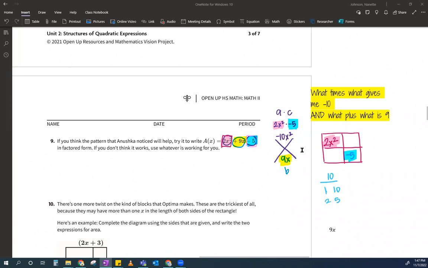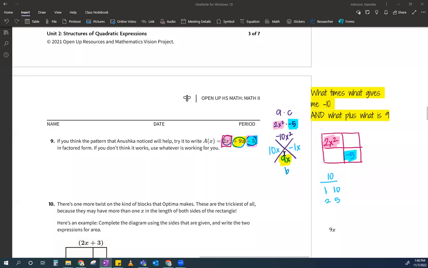So 10x and -1x. Okay, just for the sake of making sure we're all on the same page, check your answer right here, because then most likely the rest of this is going to be right. So 10x times -x is -10x squared. That's true. And 10x plus -1x does give you 9x.